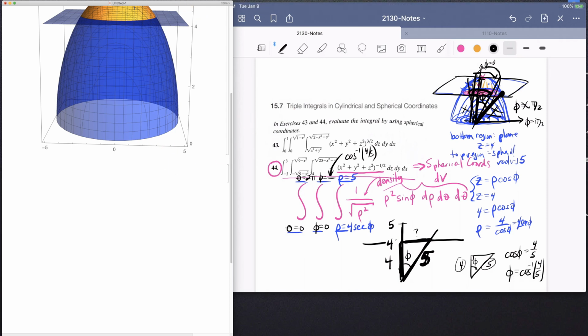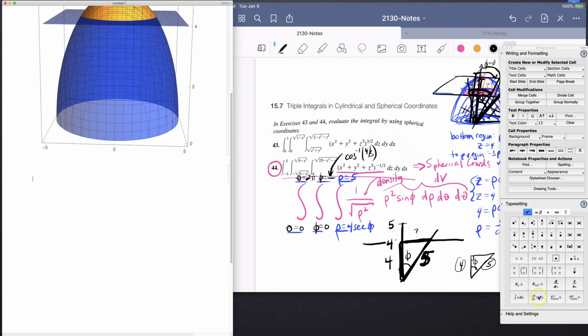I'm going to bring in the palette writing assistant. We're going to go ahead and put in our triple integral for the volume of that spherical cap. And let's go here again to put in another integral.